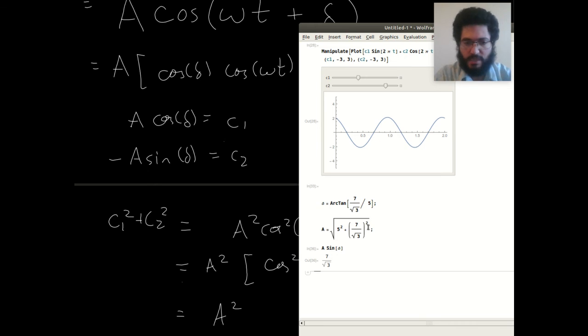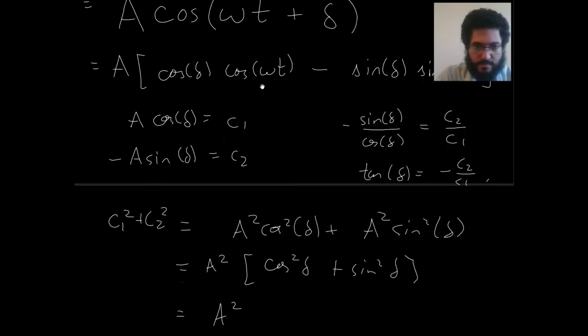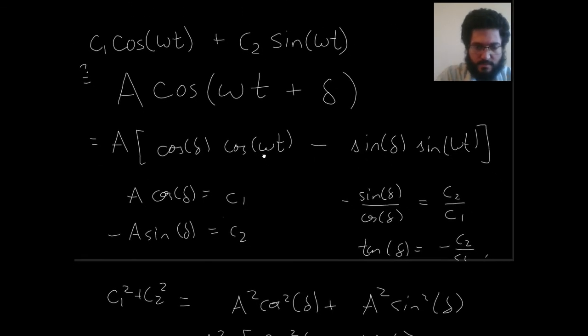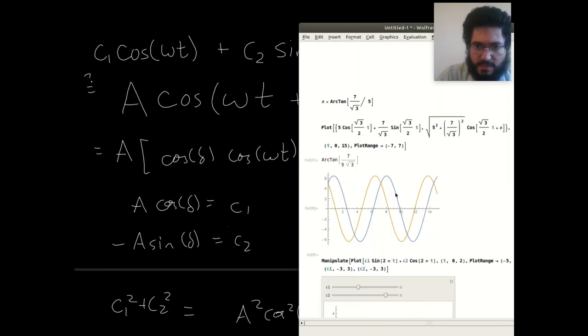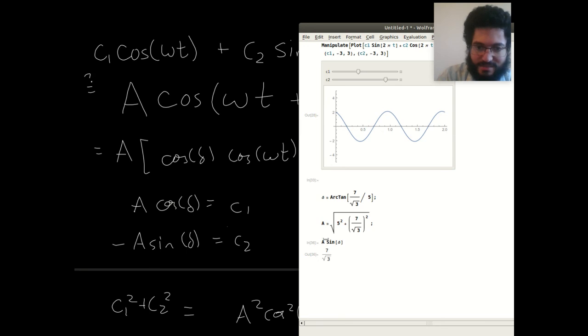7 over root 3. Is that correct? That actually sounds correct. No, sorry, it's not correct. The left-hand side here is negative A sine delta. And so I get negative 7 over root 3. So I'm off by a minus sign, it appears.